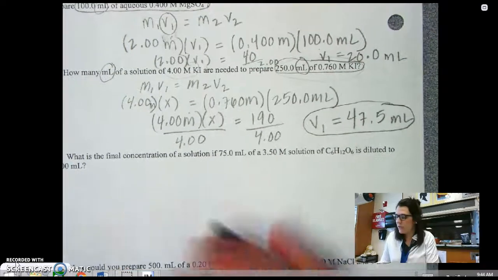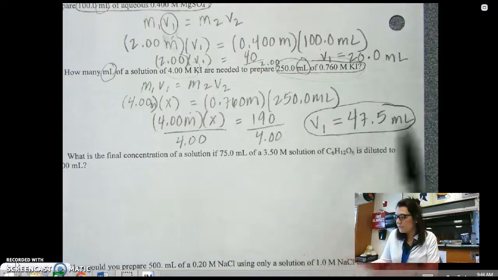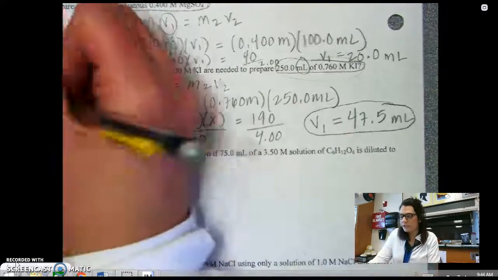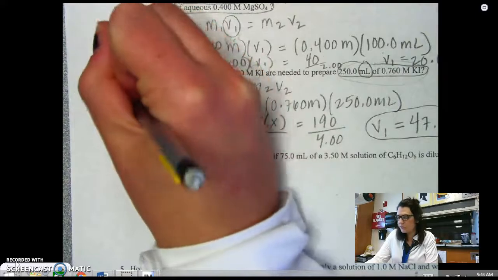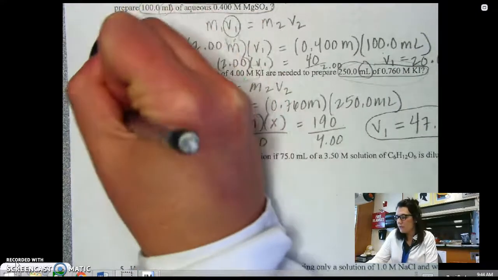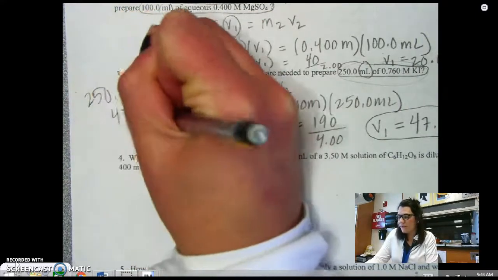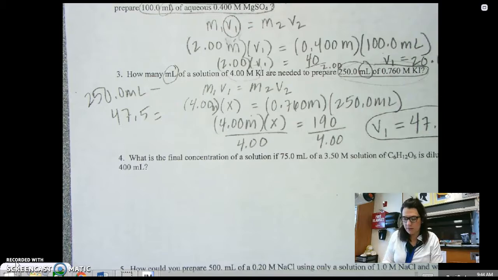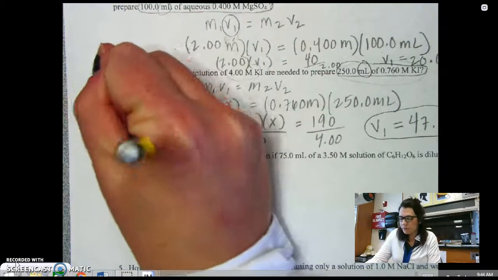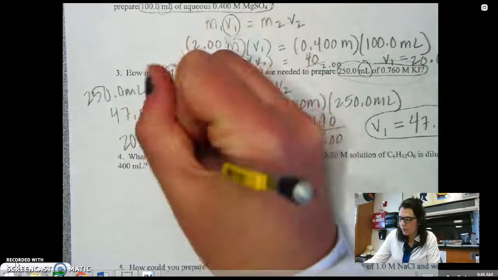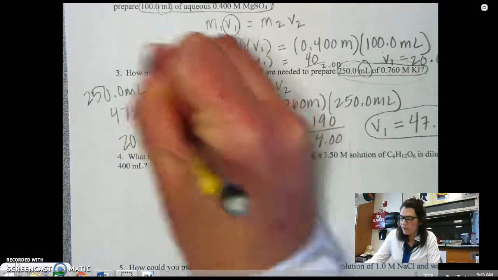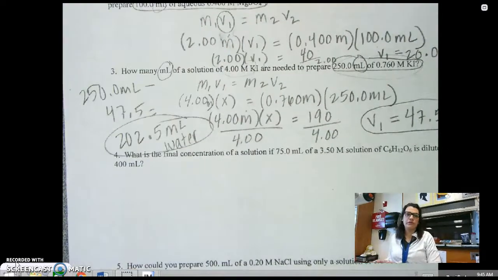Okay, so with that being said, to figure out how much water I would need, I would say 250 milliliters, sorry, you can't see what I'm writing, 250 milliliters minus 47.5, and that's going to tell me how much water I need to dilute the solution. I would need 202.5 milliliters of water, okay, because it's an aqueous solution, so that's indicating that it's diluted in water.